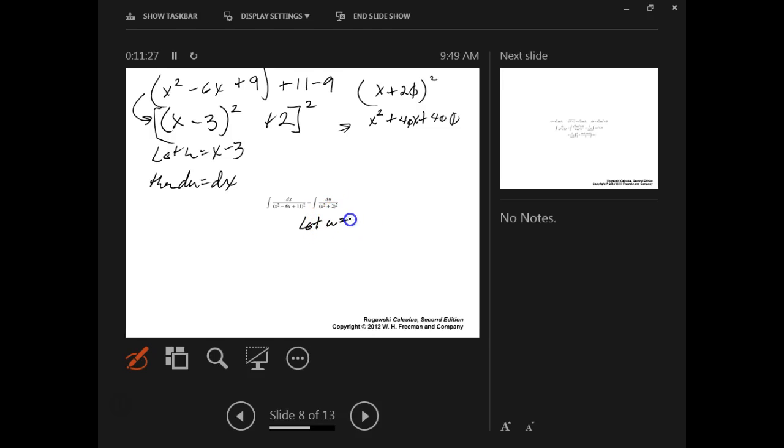Let u equal... If that were 2 squared, it would be 2 tangent.